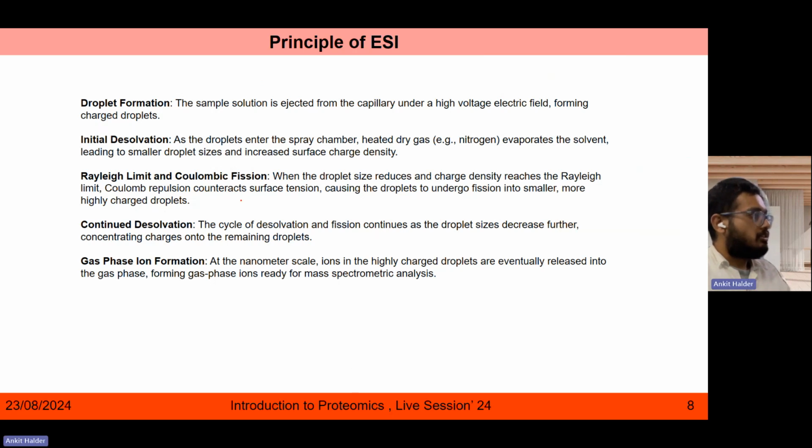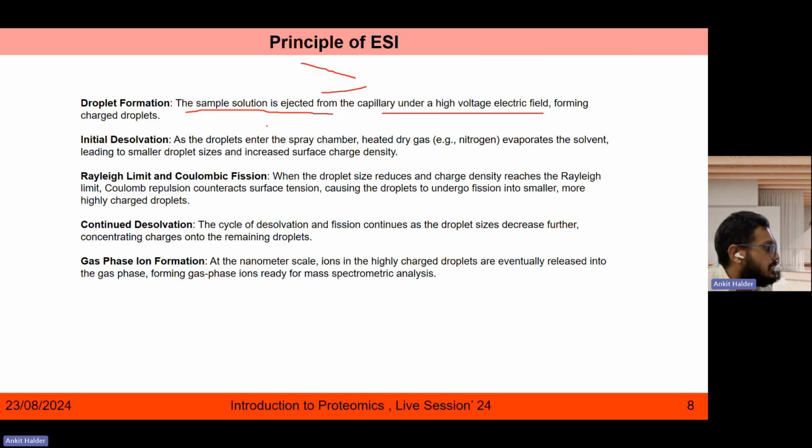So if we talk about the general principle of ESI, of course these two models will further describe it. But the general principle of ESI is droplet formation. The sample solution is ejected from the capillary under a high voltage electric field, forming charged droplets.